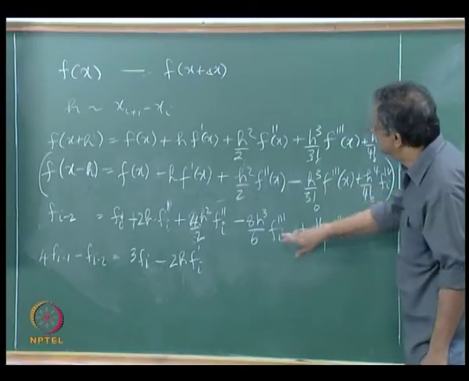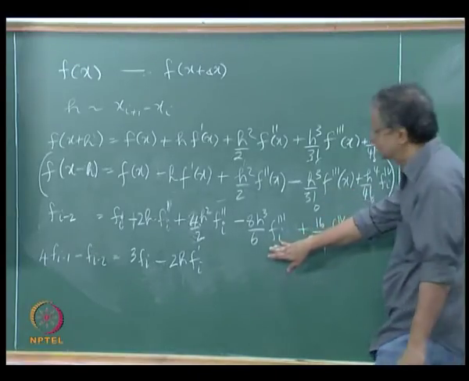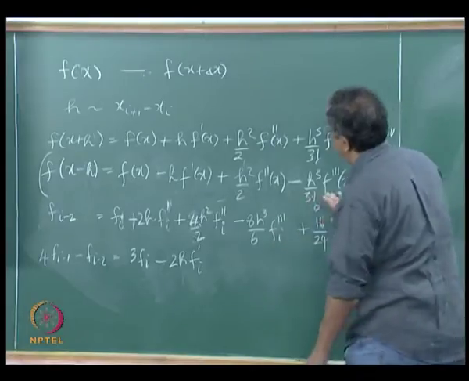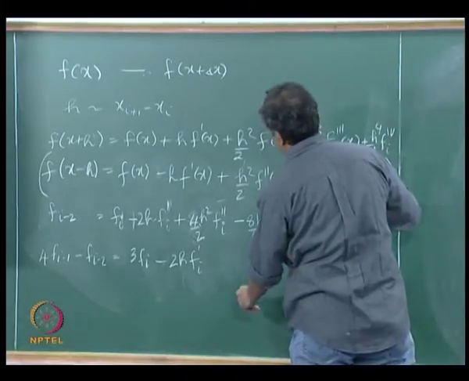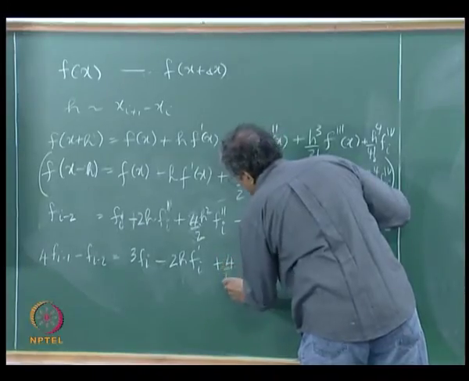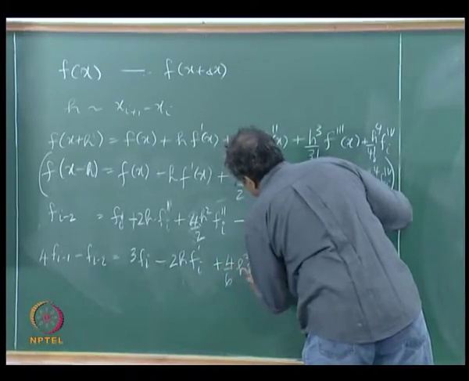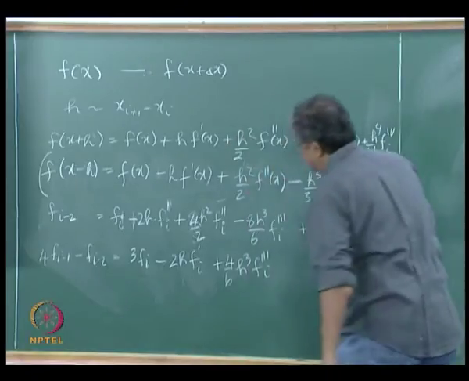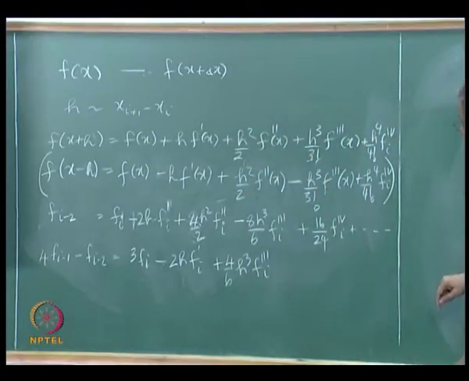Then I have 4 of these, I have 8 of those, plus 4 by 6, 2/3 h cube f triple prime at I. Then what else?